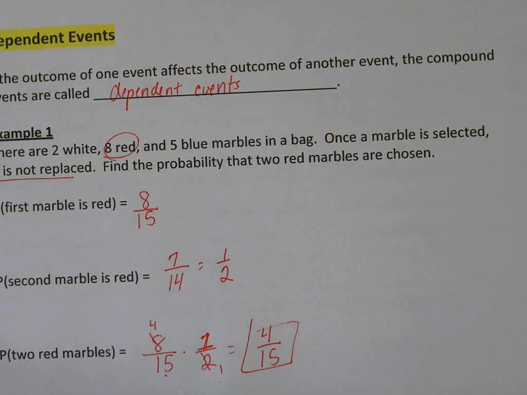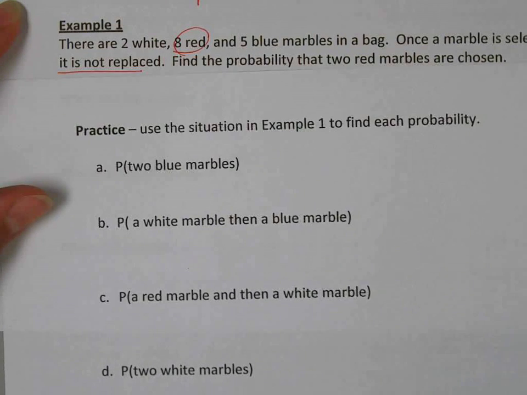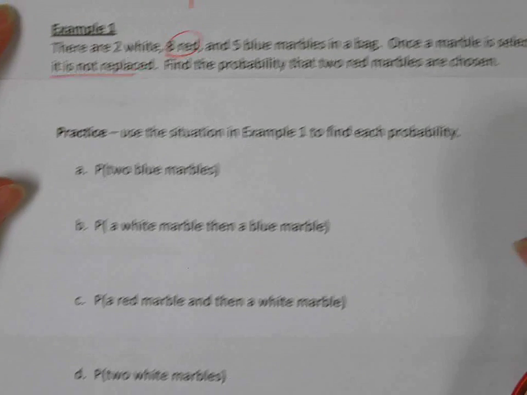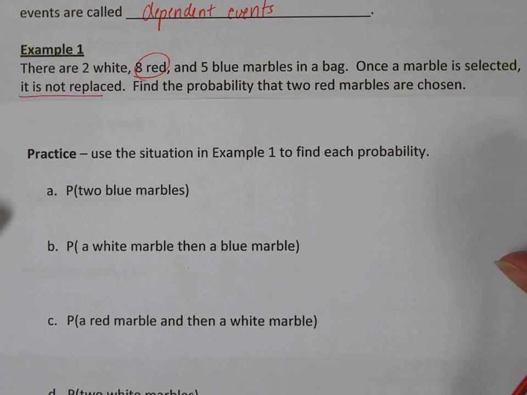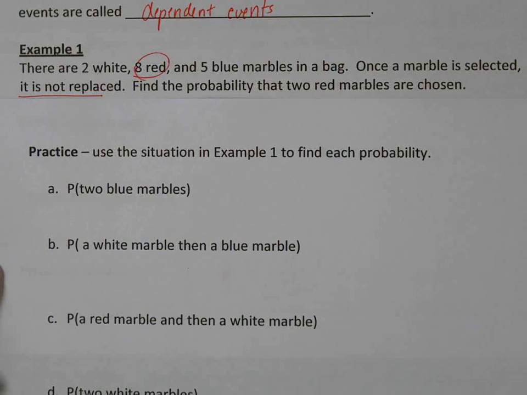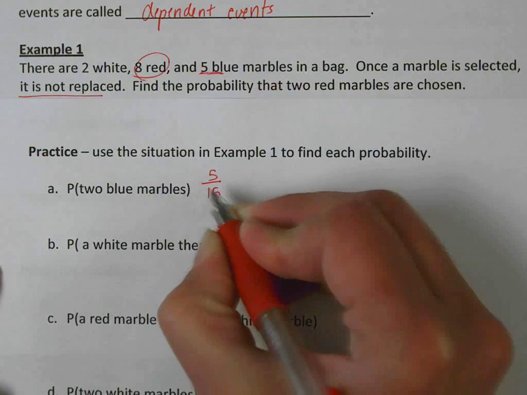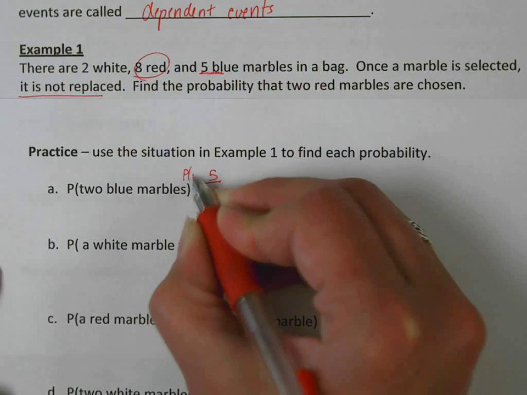Now we're going to use the same scenario here, that there are 2 white, 8 red, and 5 blue marbles in a bag to do these problems. So what is the probability that we would have 2 blue marbles? So we had 5 blue, and so that was 5 out of 15. This is the probability that the first one would be blue.